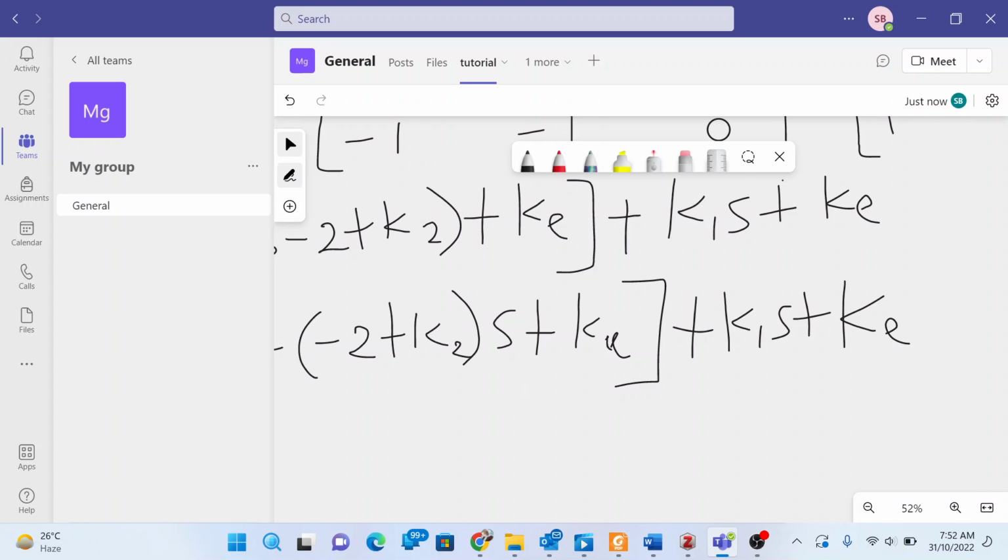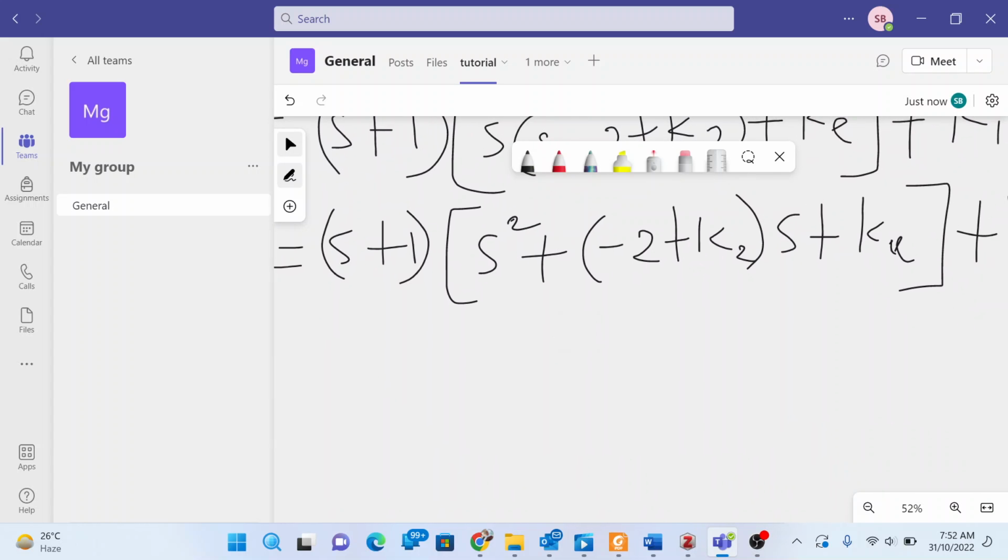At this point, we expand further. We need to make sure this is fully expanded. We have S plus 1, so we can still expand further. If we use S first to multiply the three terms inside the first bracket, that's going to give us S cubed, plus S multiplying the inner bracket, minus 2 plus K2.